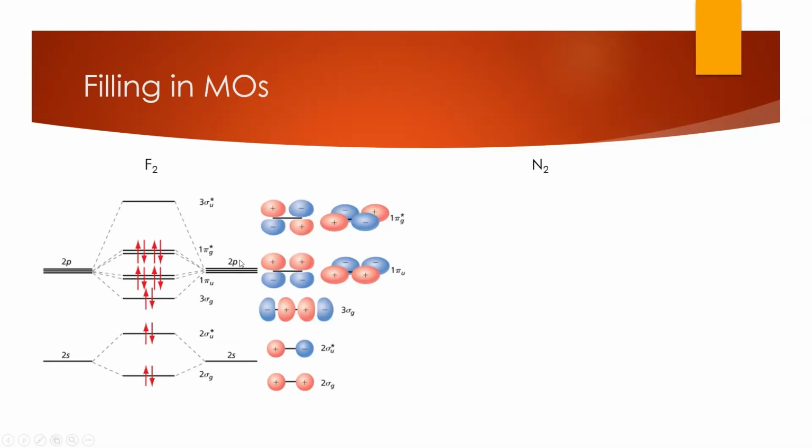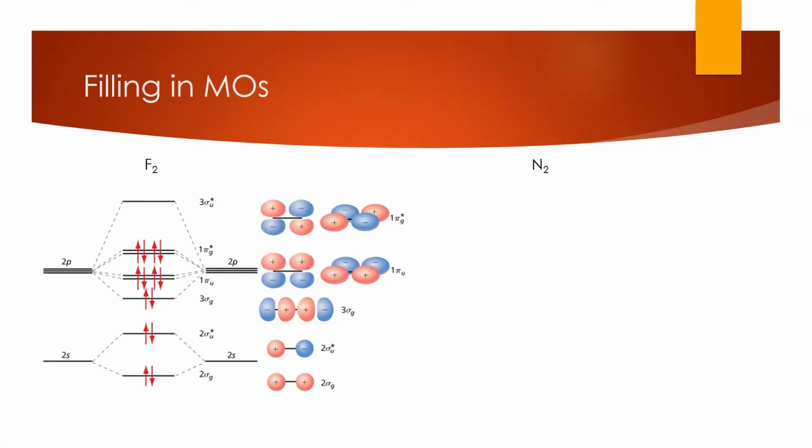They're just differing in orientation. And then we'll have the antibonding orbitals up here. The way we fill this out is the exact same way that we fill out any other atomic orbital energy levels. So we shift the bonding orbitals down in energy, the antibonding orbitals up in energy, and then we just fill them in with electrons.